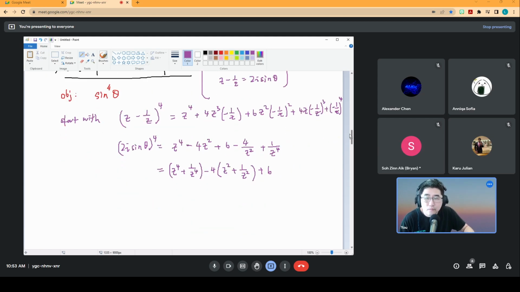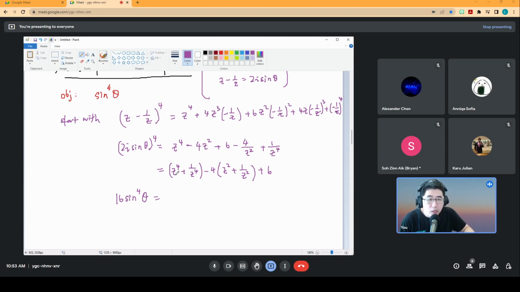Now we continue with the complex algebra. So I times I times I times I is a positive 1. 2 power of 4 is 16. So 16 sine power 4 theta.